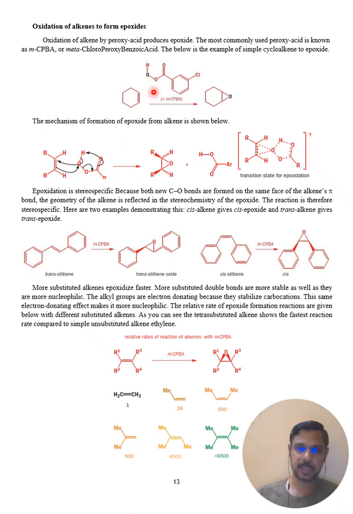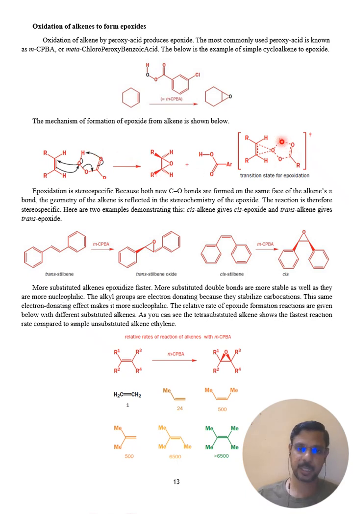Since this black-colored oxygen is more electron deficient compared to the other oxygen, the alkene attacks the electron-deficient oxygen first, you can see the arrow, then this O-O bond breaks, and the lone pair electrons come here, and this C=O pi bond breaks, and then it gives a new O-H bond to the hydrogen atom, right?